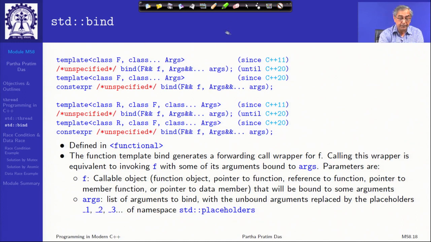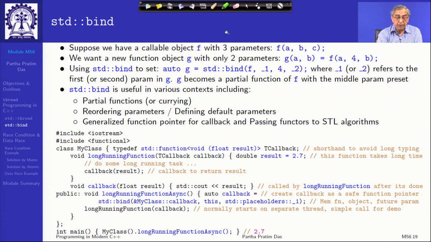are defined. So, let us see, suppose you have a function f with 3 parameters and you want a new function G with 2 parameters, where the middle parameter should be 4. Obviously you can write G and call this, but that is an elaborate mechanism.